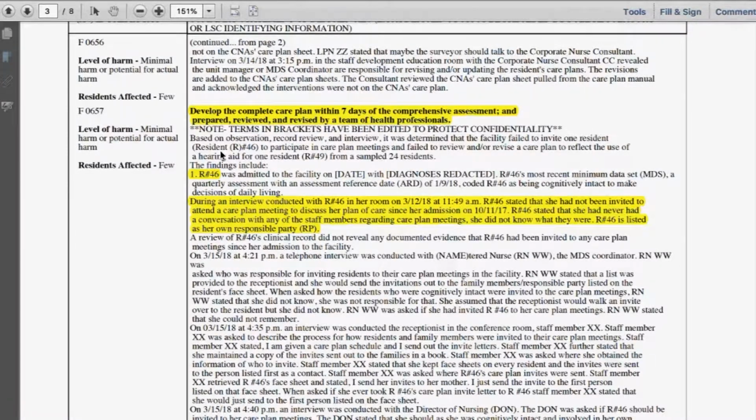Right, the tone is always very neutral. In fact, frankly, from our point of view, the tone tends to favor the position of the nursing home. So what we're looking at here in terms of a violation of a regulation is different than a violation of the law.